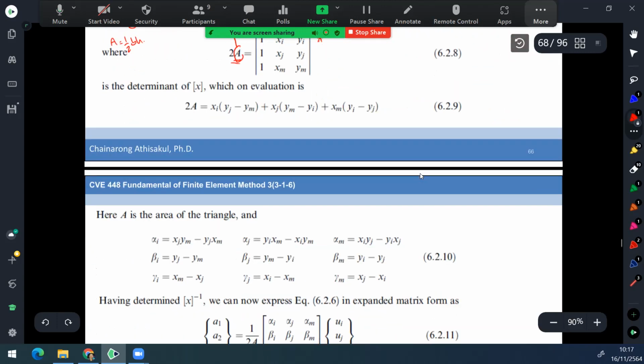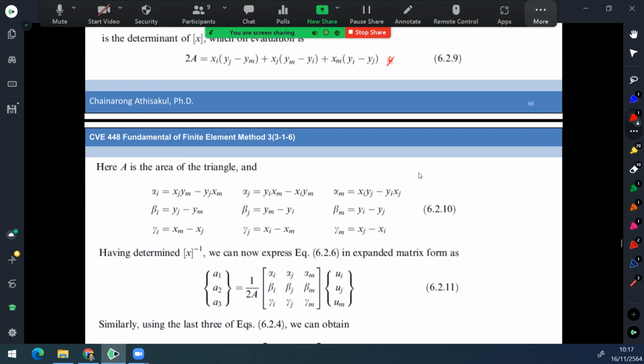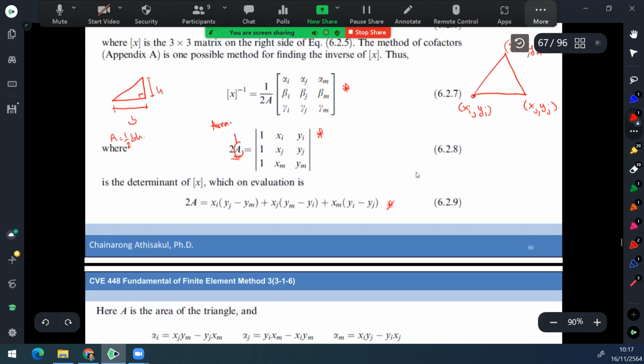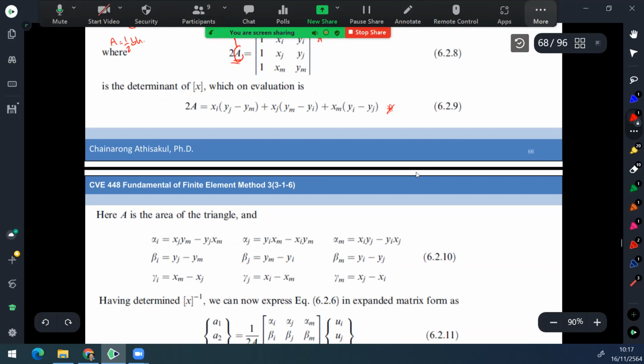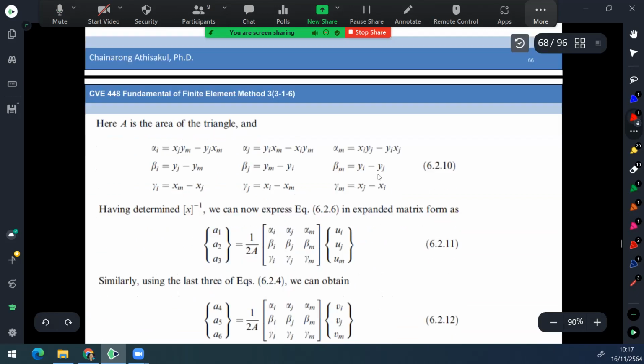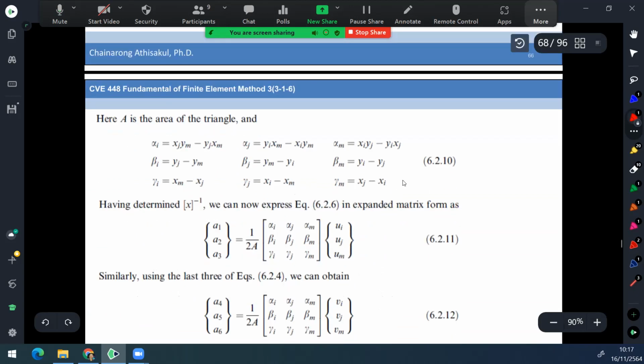So then we have the area equal to this, and alpha, beta, and gamma: alpha i, alpha j, alpha m, beta i, beta j, and beta m, and also gamma i, gamma j, and gamma m are defined by using the coordinate of each node by this.